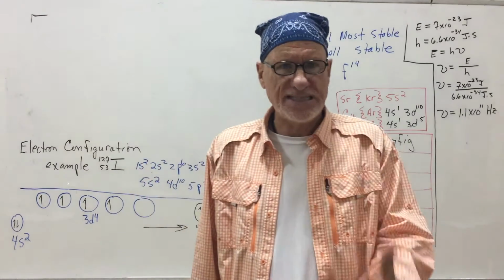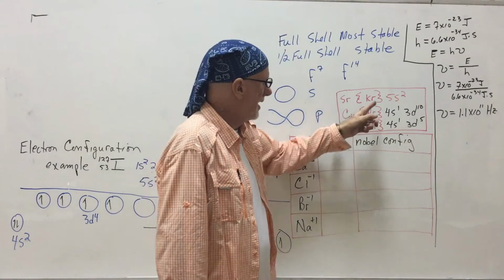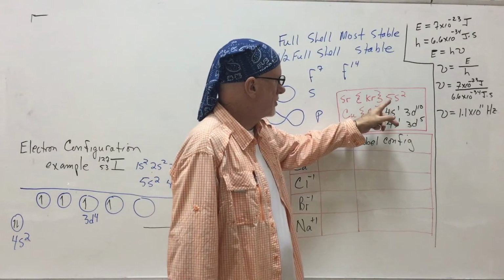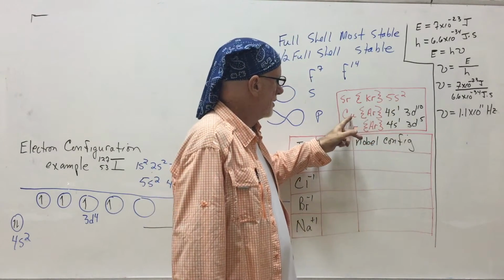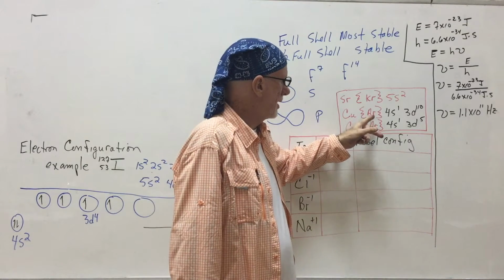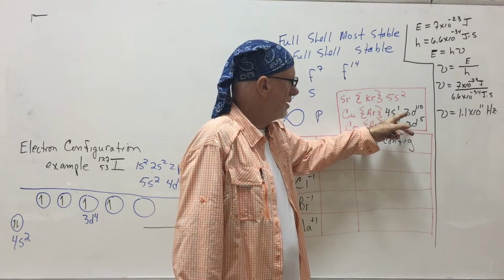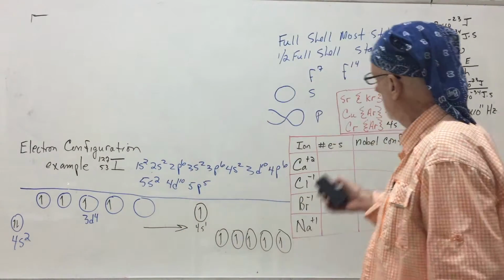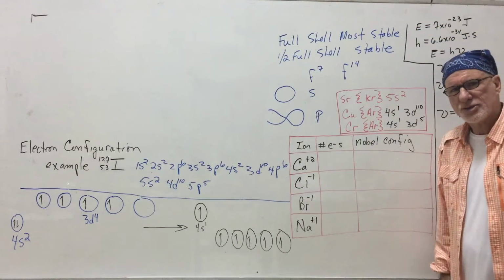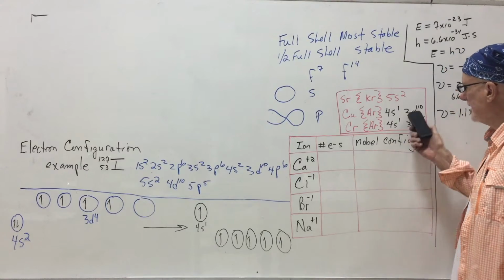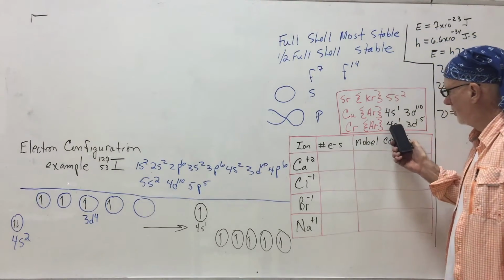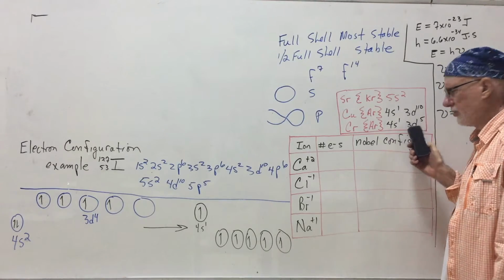And then you know that it's in group 2, and you know it's going to be 5s2. Copper, argon, 4s1, 3d10. Why did I say that? Why didn't I say copper, 4s2, 3d9? And chromium, 4s1, 3d5?